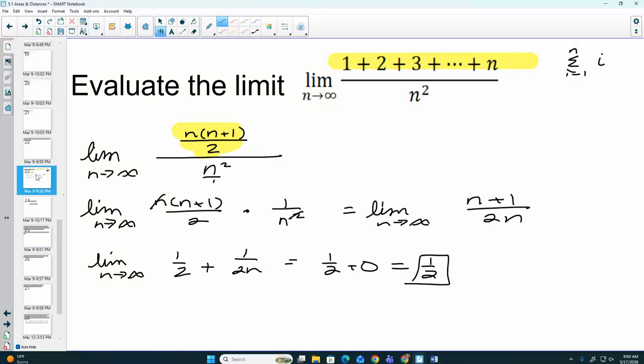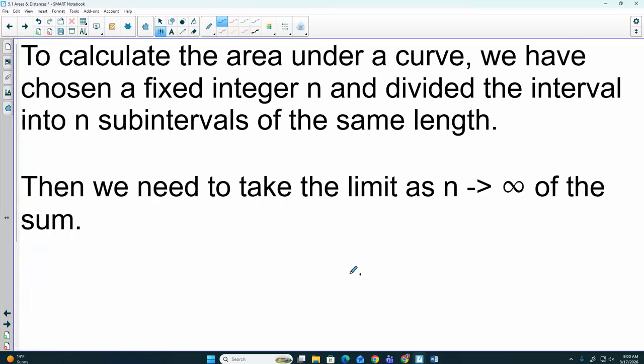We're going to do the next few examples before we work on the homework. So if I want the true area under a curve, we have to have a starting and a stopping point. So this curve has a definite length, n. And then we're going to divide it into rectangles.